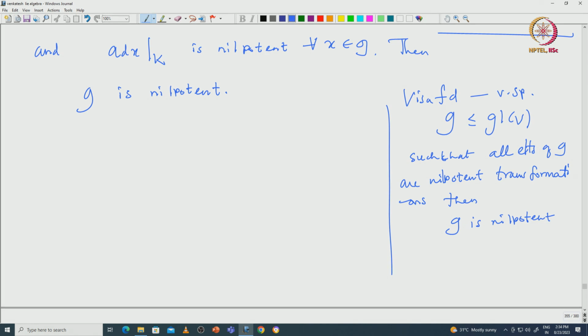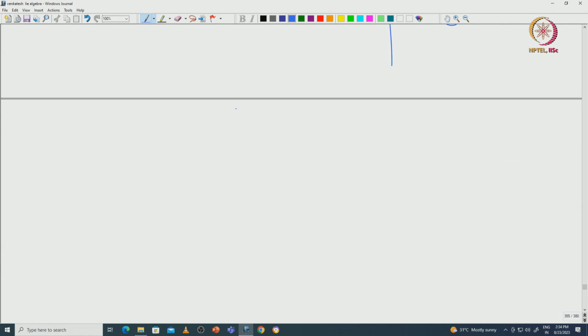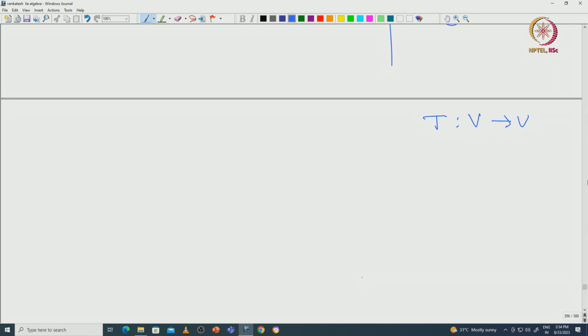So, now how do you use this theorem to prove that here G is nilpotent? Recall if you have a map T from V to V, and suppose you have a subspace W which is T invariant.